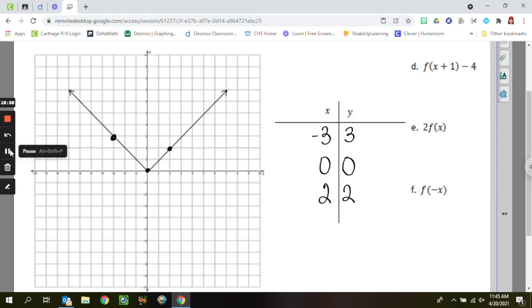All right, so what do we do on D? Okay, so left 1, down 1, 2, 3, 4. Left 1, 1, 2, 3, 4.